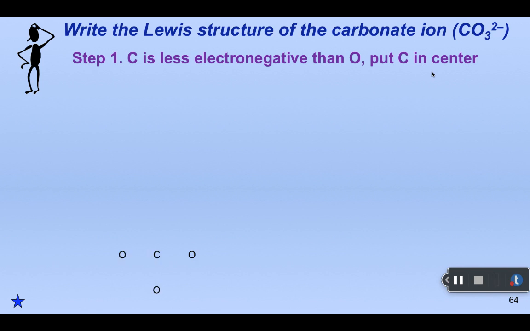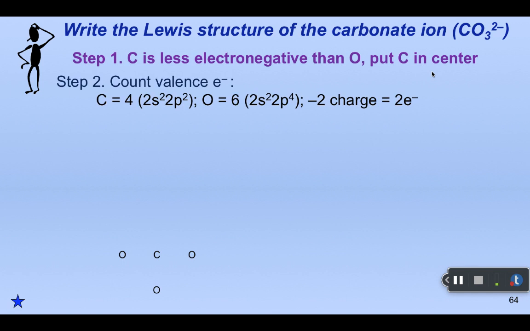So carbon goes in the center, and we'll make a skeletal arrangement as shown at the bottom there. Then you count up the valence electrons that the structure should represent. Carbon is going to have 4, oxygen is going to have 6, but there's 3 of them. And then you have to add 2 more to the total for the -2 charge that is known for the carbonate ion.